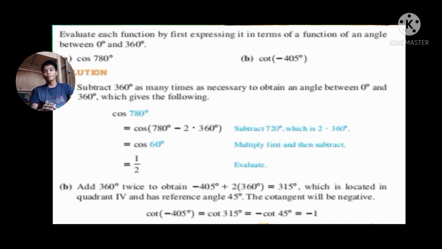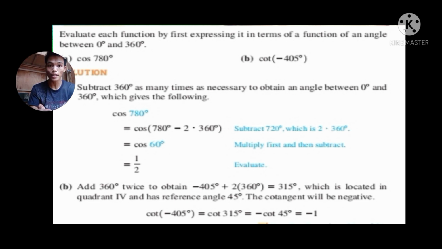Okay, we are going to evaluate two situations. The question is, evaluate each function by first expressing it in terms of a function of an angle between 0 degrees and 360 degrees. So our first situation is cosine 780 degrees, and the next situation is cotangent negative 405 degrees. Now, in the first situation, we are going to subtract.